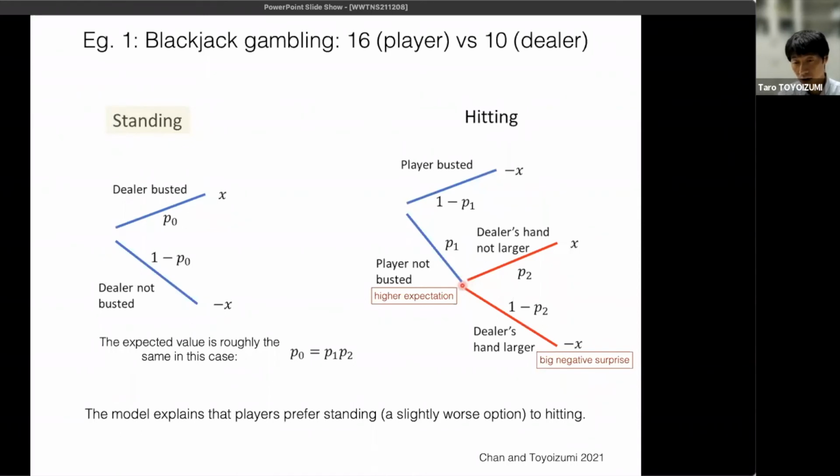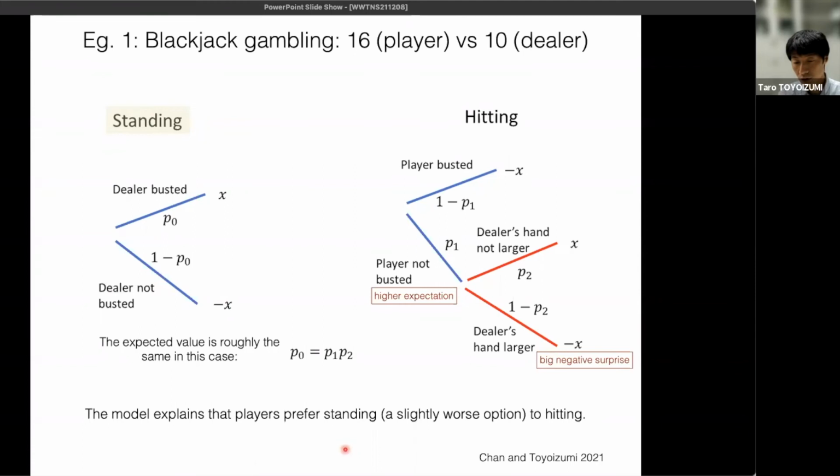And if the player anticipates the dealer's hand might be larger than you, that's a disappointing consequence with a big negative surprise. This big negative surprise is amplified by the nonlinear function and reduces the value of this hitting option. This is why the model predicts that the standing option is more attractive.